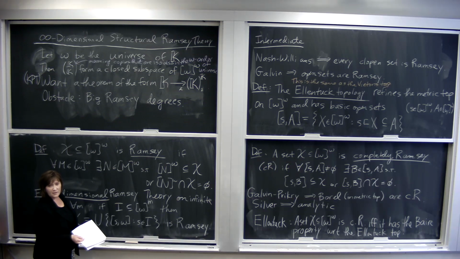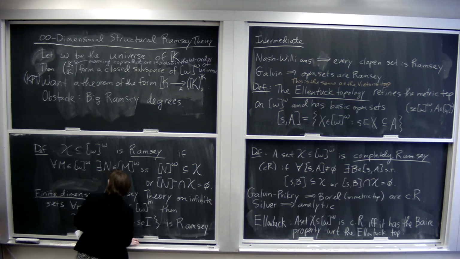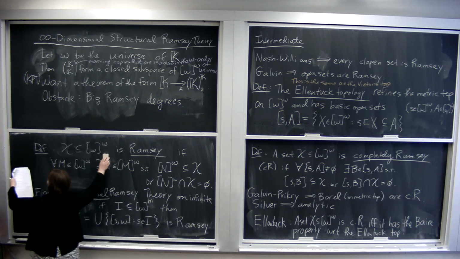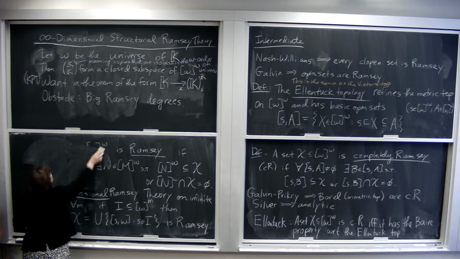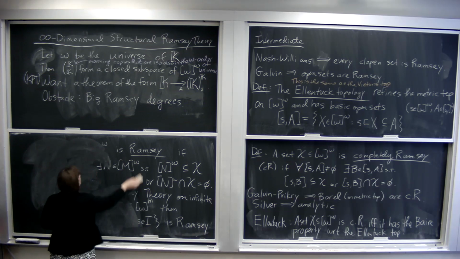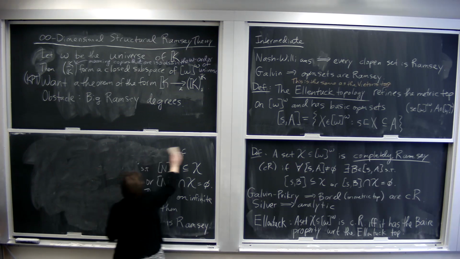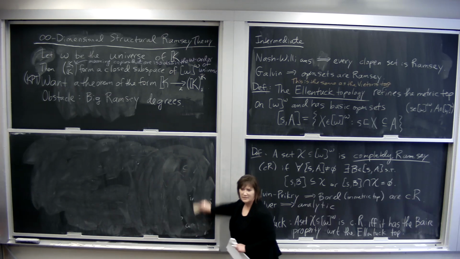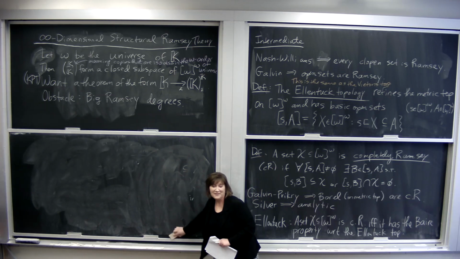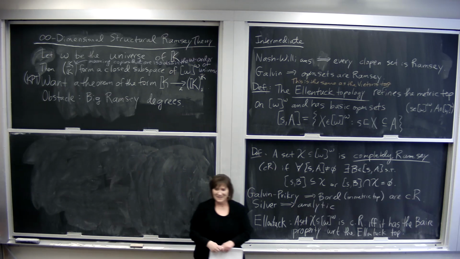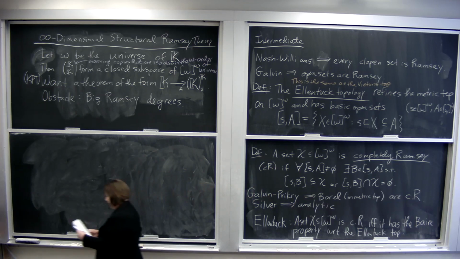Okay, so now I'm going to get into some people's favorite subject, big Ramsey degrees. All right, what are these things? You want to have a structural analog of the finite dimensional Ramsey theorem, right? But since I believe all of us are believers in AC, or at least countable choice, we all like omega, and there's no philosophical debates there for us.